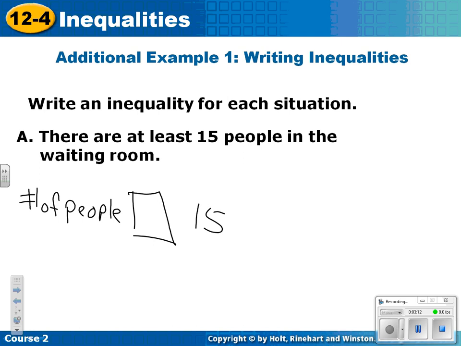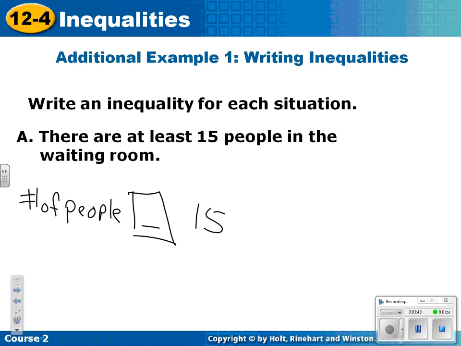There are at least 15 people in the waiting room. Now, think about this for a second. Could there be 15? So my symbol is going to have to be either less than or equal to or greater than or equal to. So we're going to have the little line on the bottom. The next thing we need to decide: it says there are at least 15 people in the waiting room.